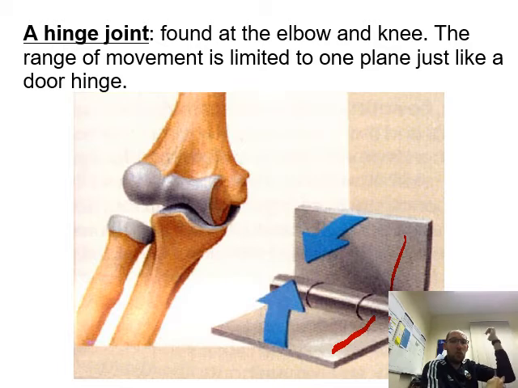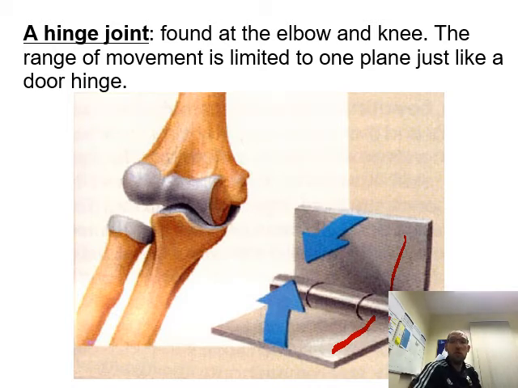My elbow does not move side to side. This is where you do this, but that movement is being produced by my ball and socket joint in my shoulder. The actual elbow movement is only down and up just here. It's really looking at your elbow as the hinge joint.